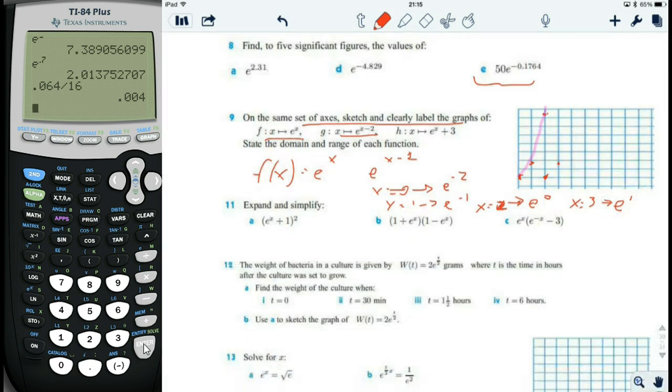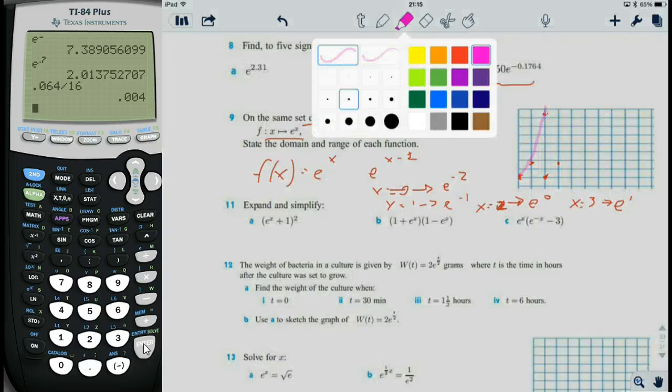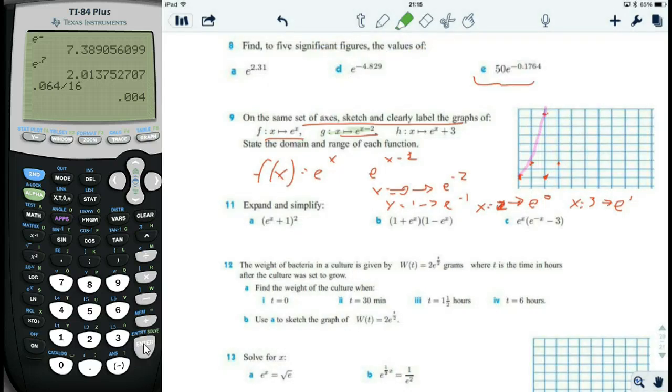So I'm going to make this a different color. I'll make it green. The green one is going to show that the exponent function is shifted over. It shifts over by 2 because I put e to the x minus 2. So this one is e to the x, and this one is e to the x minus 2.